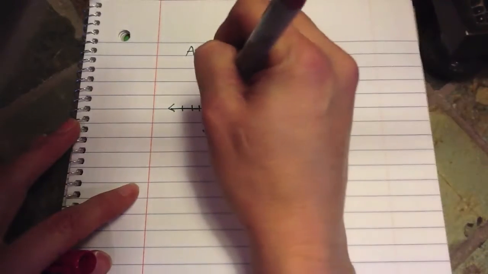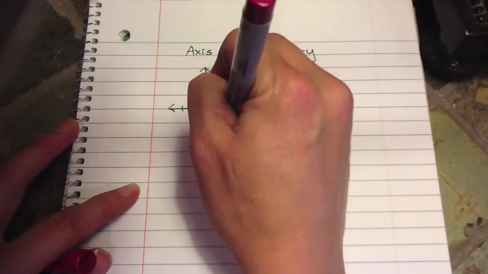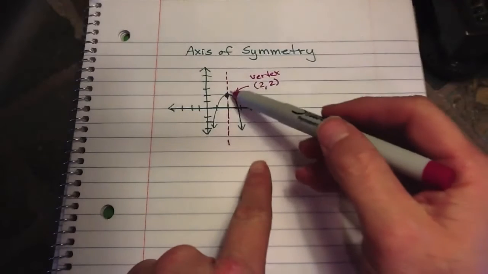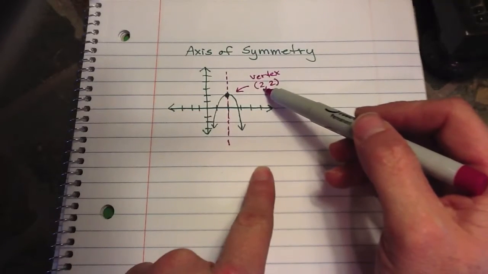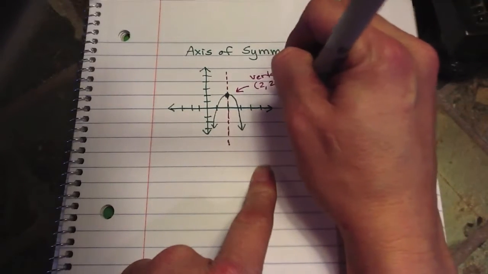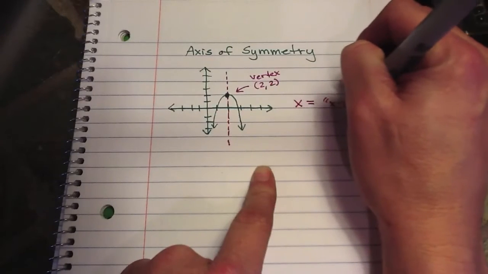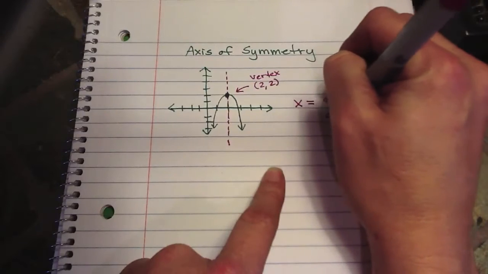your axis of symmetry is always what splits that perfectly in half. Notice that your axis of symmetry crosses the x-axis at 2, at the point right here for your vertex. Your axis of symmetry is always x equals the x-coordinate of the vertex.